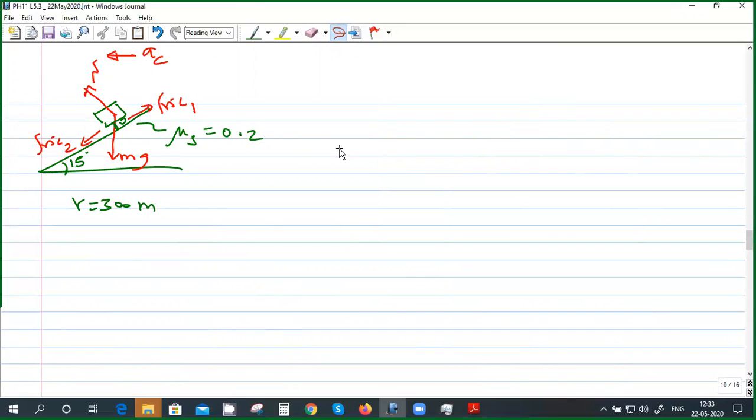Right. So write the equation of the second case. So what is the horizontal direction equation?